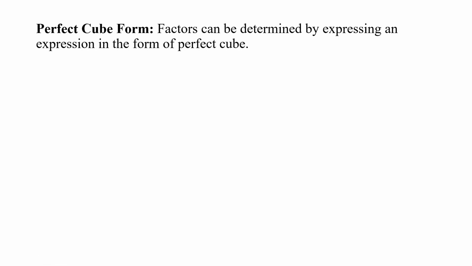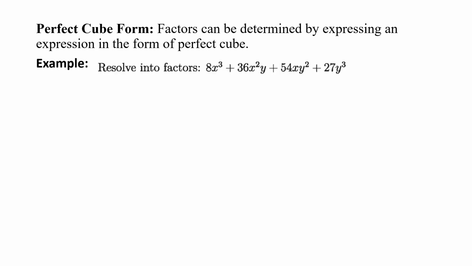Now, perfect cube form. Factors can be determined by expressing an expression in the form of a perfect cube. For example, resolve into factors 8x cube plus 36x square y plus 54x y square plus 27y cube. Solution.